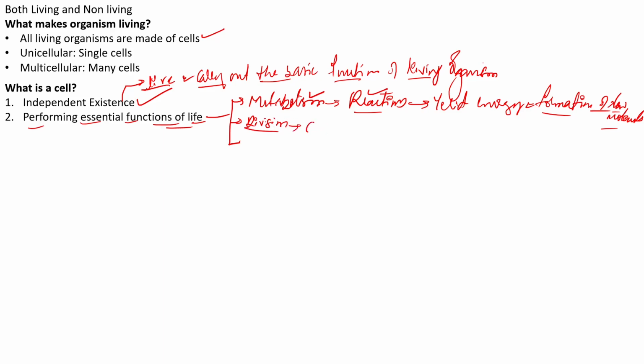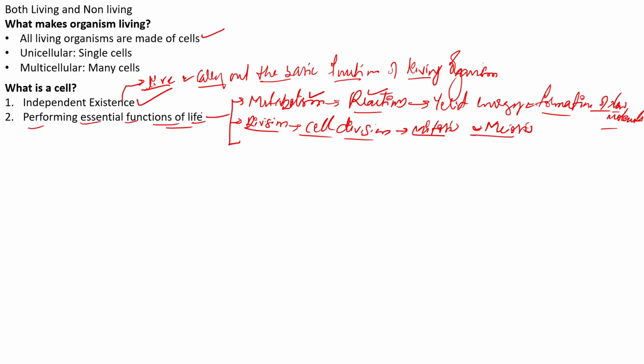That is cell division. What do we mean by the term cell division? Cell division, we all know, is mainly mitosis, and the other one is meiosis. All these cellular division reactions should occur in organisms.